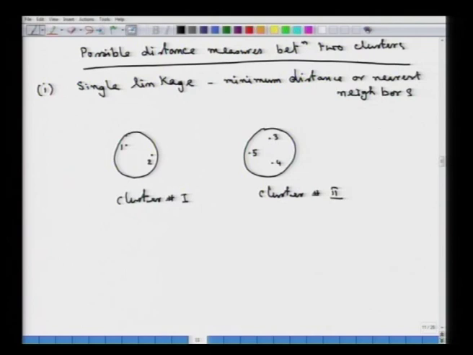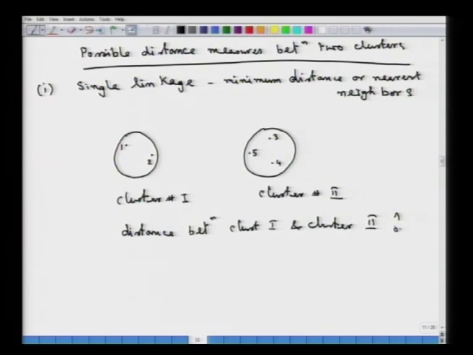Suppose it is in 2 dimensions and these are the locations of the points 1, 2 which are now put in one cluster, and 3, 4, 5 are 3 points which are put into another cluster. Now, the point is to find the distance between cluster 1 and cluster 2.